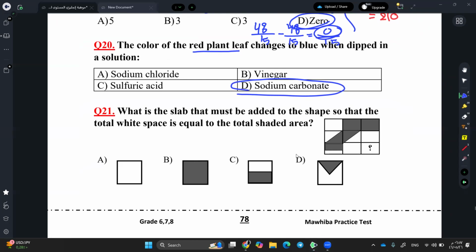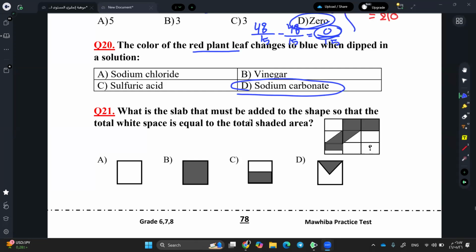Okay, question number 21. Who wants to answer question number 21? Okay, yalla Maria. Yes, teacher.